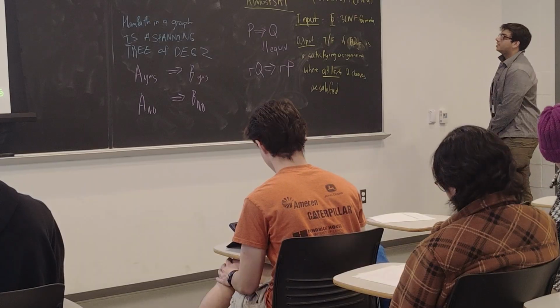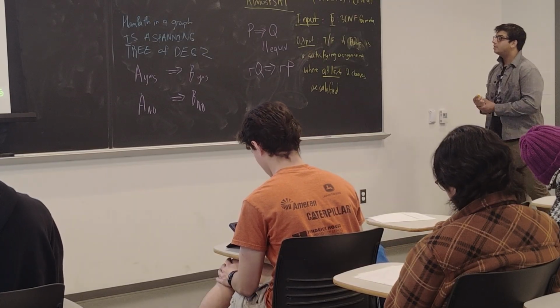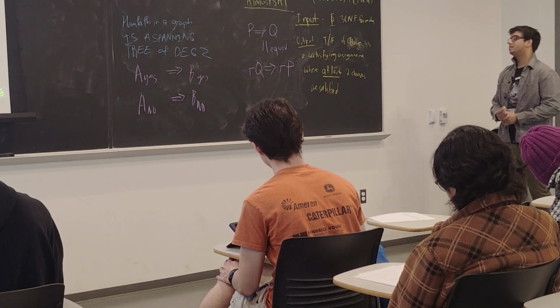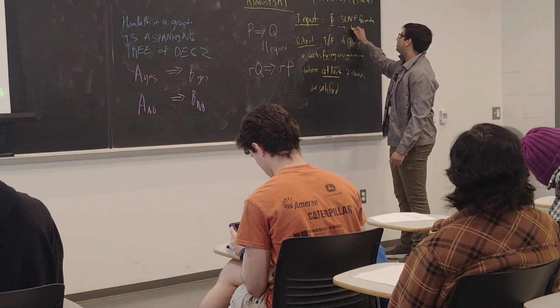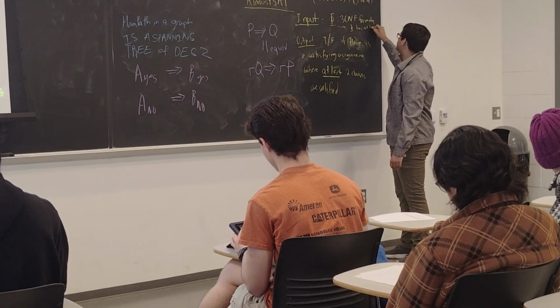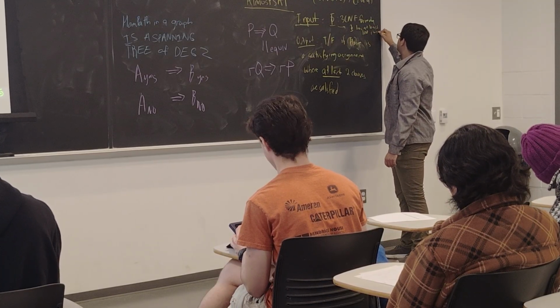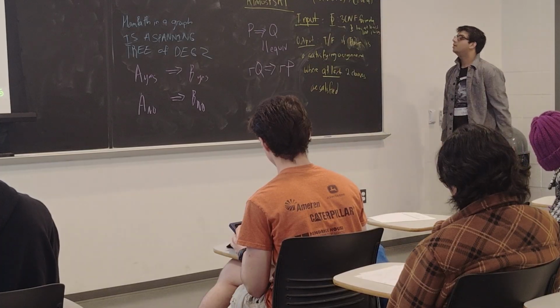So you're given a 3 CNF formula, and I want you to output true or false if there's a satisfying assignment where at least 2 clauses of phi are satisfiable. And then I'll also tell you that phi has at least 100 clauses. Okay? That should help you.